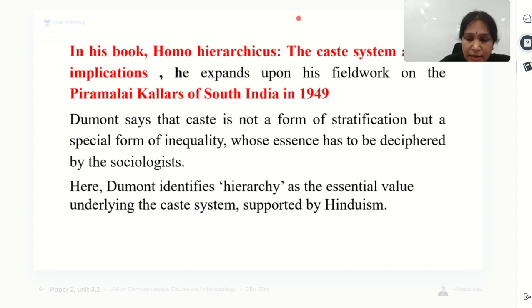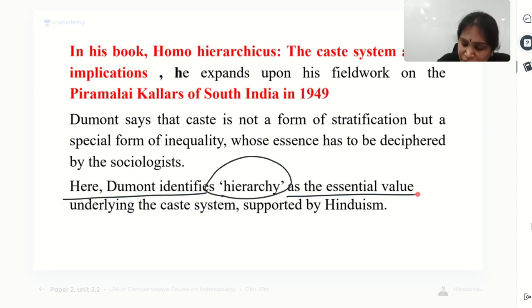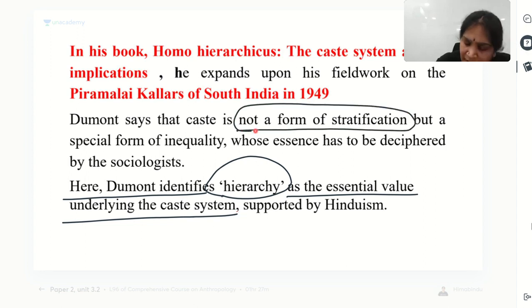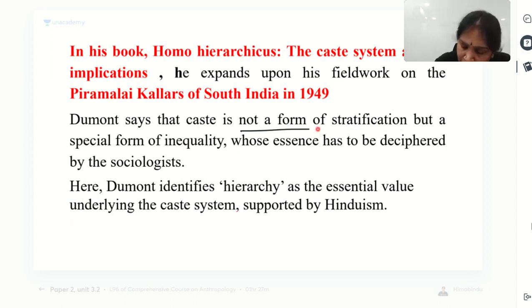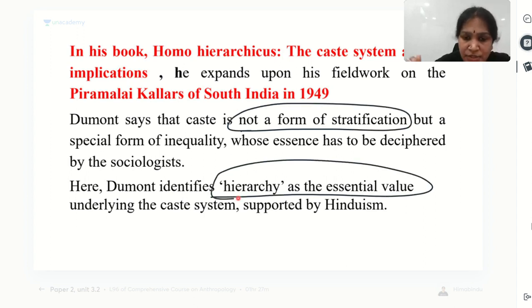Then here, Dumont identifies hierarchy as the essential value underlying the caste system. Did you understand? Okay, so not a form of stratification, hierarchy as essential value. That is the question. Okay, he apologized caste system. Why? What mistake he did?